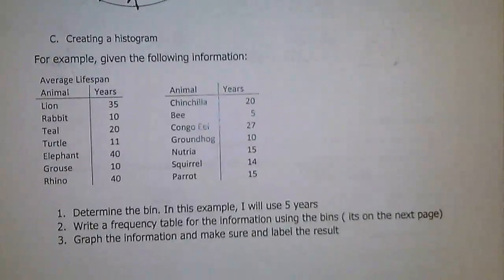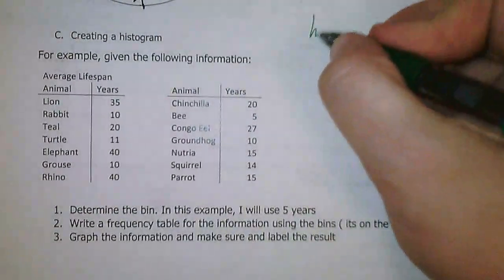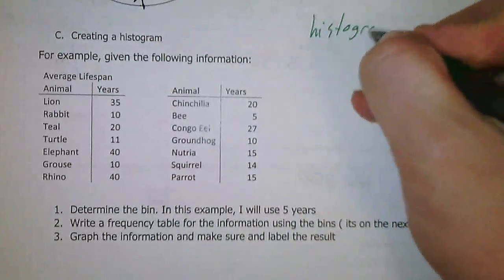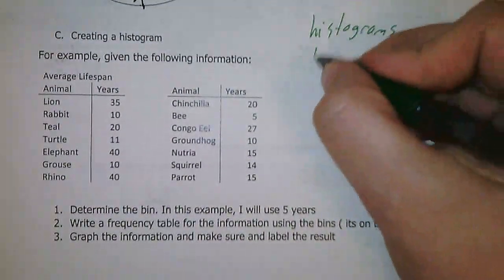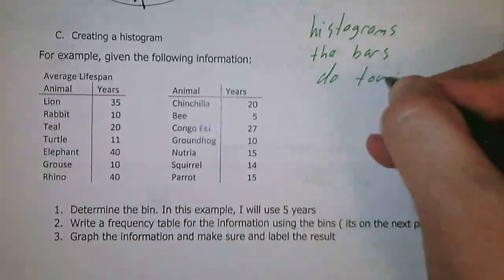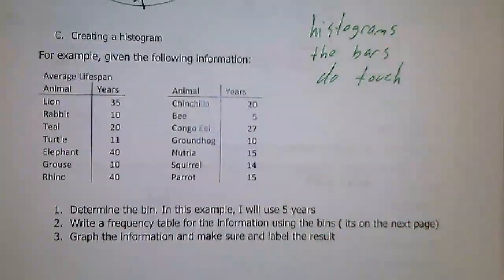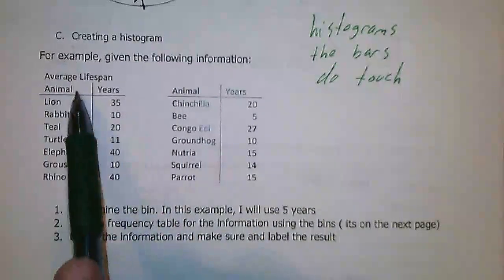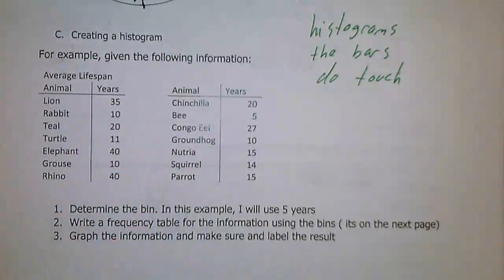So now we're going to look at histograms. Here the bars do touch. Bar graphs do not. Histograms do. So we have this information about lifespans of animals.